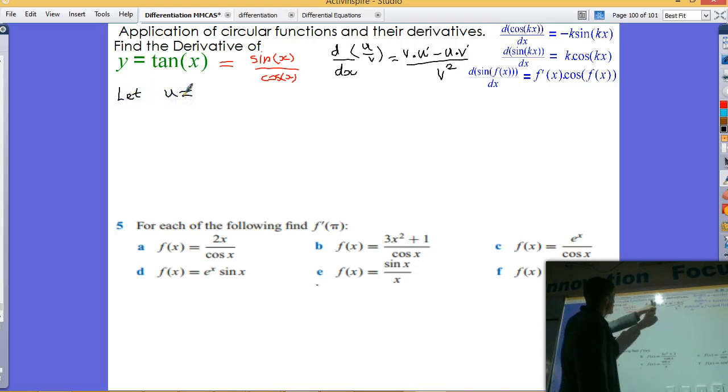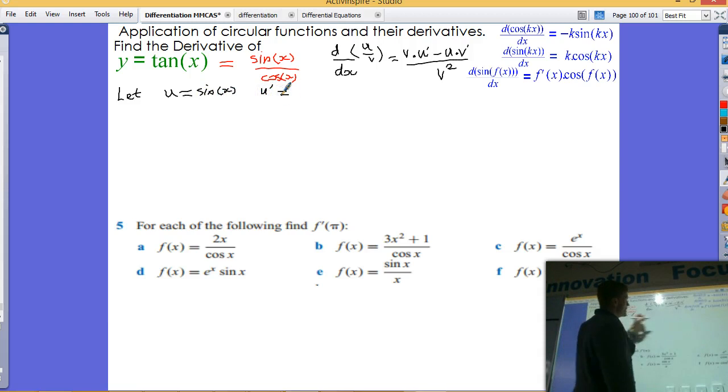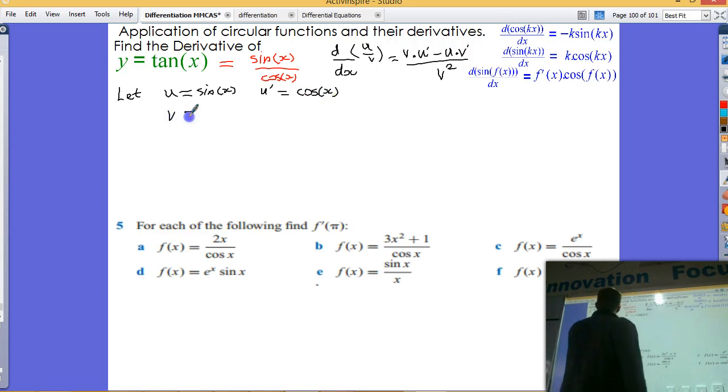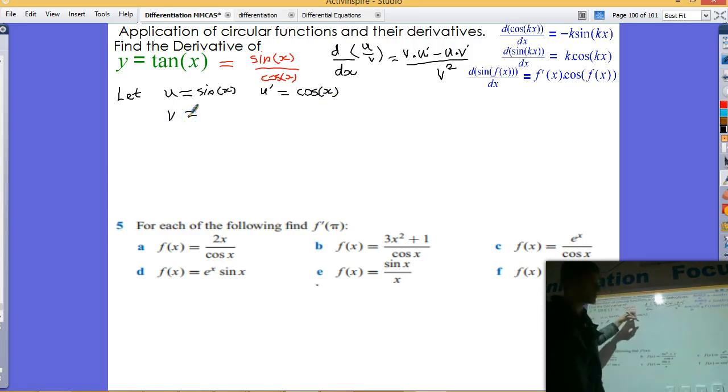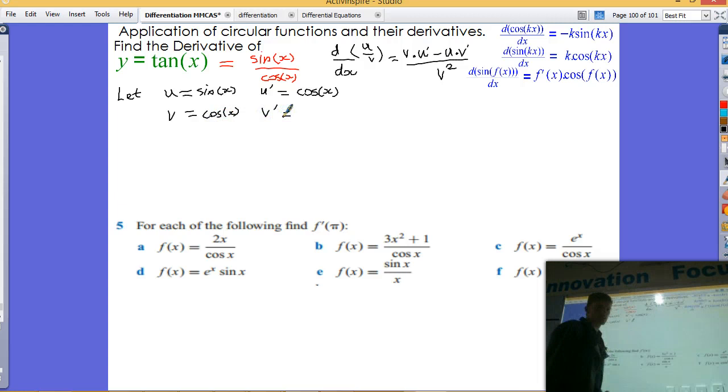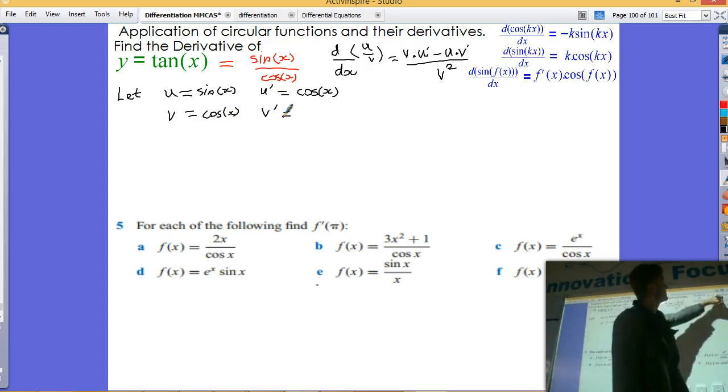Let u be the top function, which is the sine of x, and that means u dash would be the derivative of sine, which is cos, following the rule. And my v, the part on the bottom, is the cos of x. And so the derivative of the v function, the derivative of cos, is minus sine.